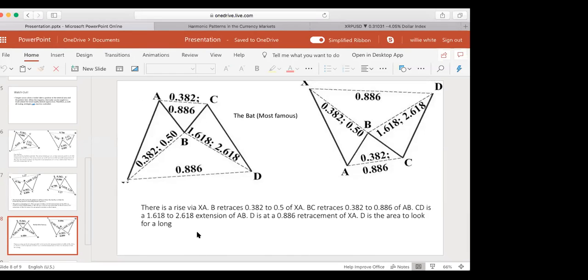So all of these patterns continually repeat themselves, but they're different. They're all M's, they're all W's, but you have to know if you're trading a bat, a Gartley, or a crab. Like I said, you find D, and if it's at the bottom, you buy, and if it's at the top, you sell.